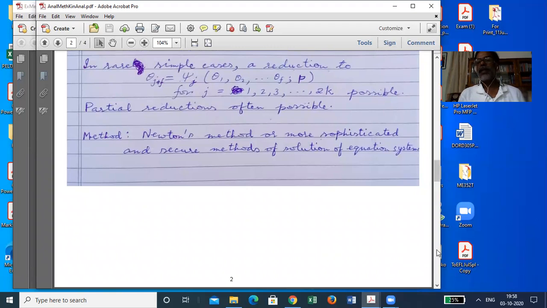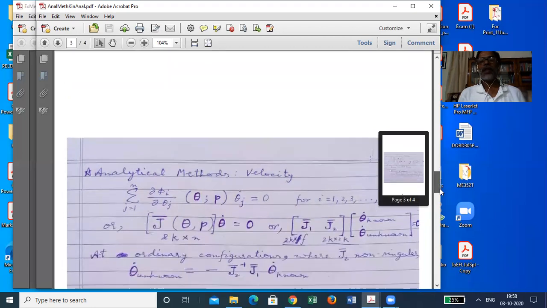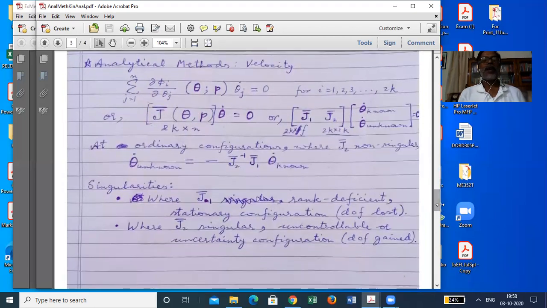Our standard technique: any position equation we differentiate to get the velocity equation. So those equations phi i, you then differentiate: del phi i del theta j, with the same arguments, times theta j dot. So derivative with respect to time. For all j's you add up, and then you have got this equation.